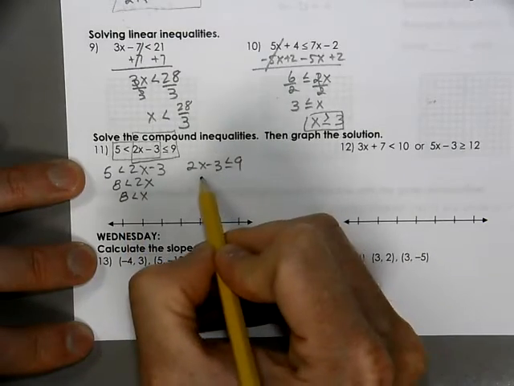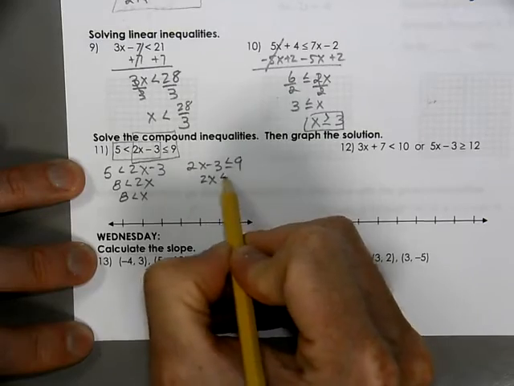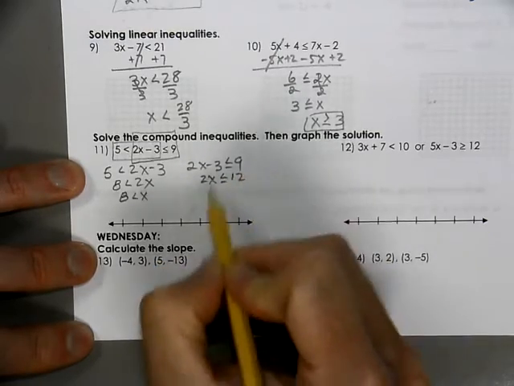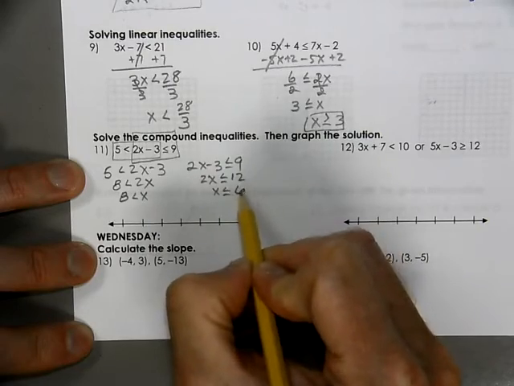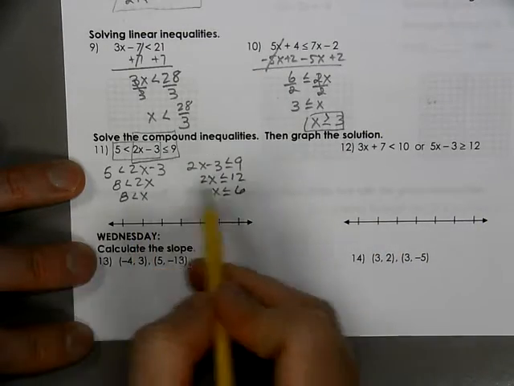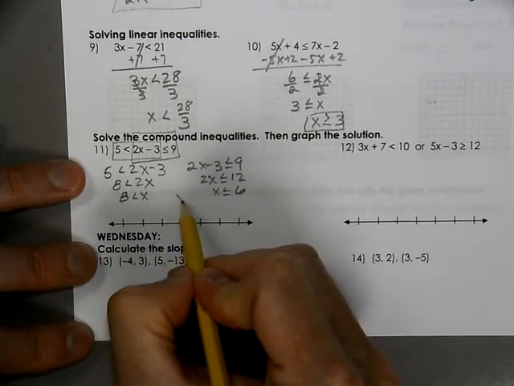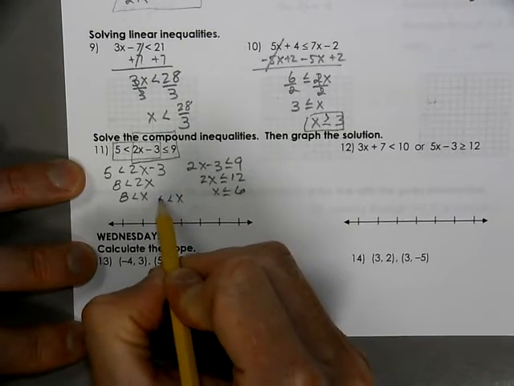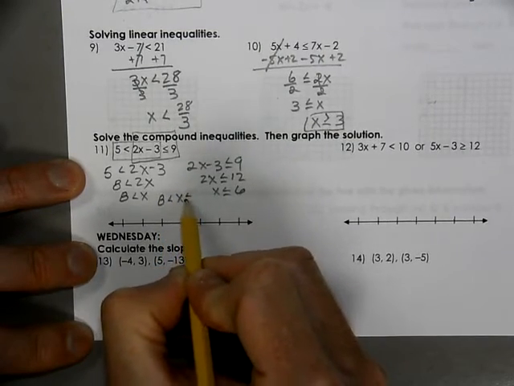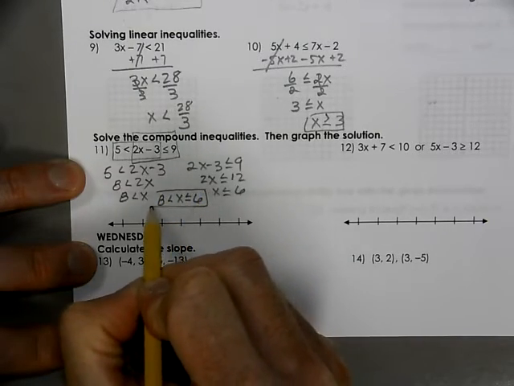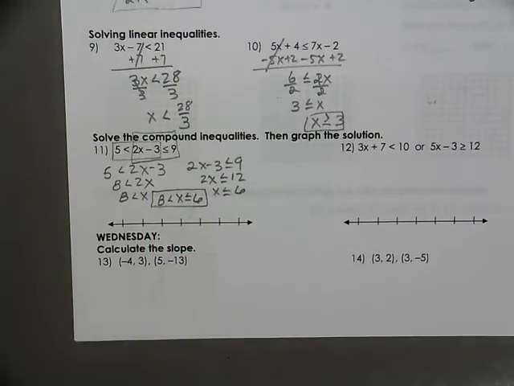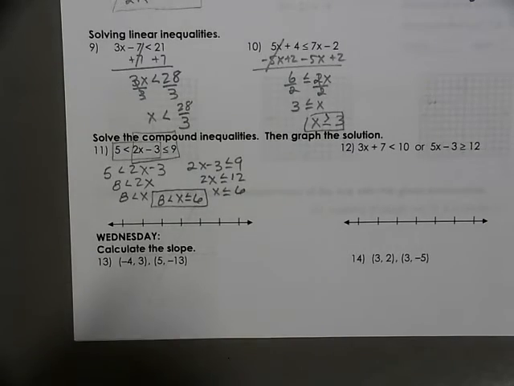Over here I'm going to add 3 and divide by 2. So a way to rewrite this is that x is greater than 8 but less than or equal to 6. That would be the proper format for a compound inequality.